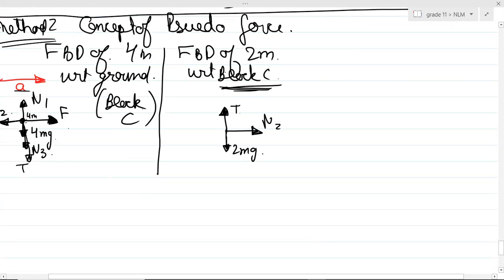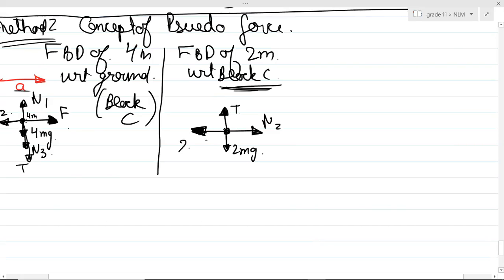Since you are drawing with respect to block C, will there be a pseudo force as well? If block C is accelerating towards right, hence there will be a pseudo force on this 2M block towards left.